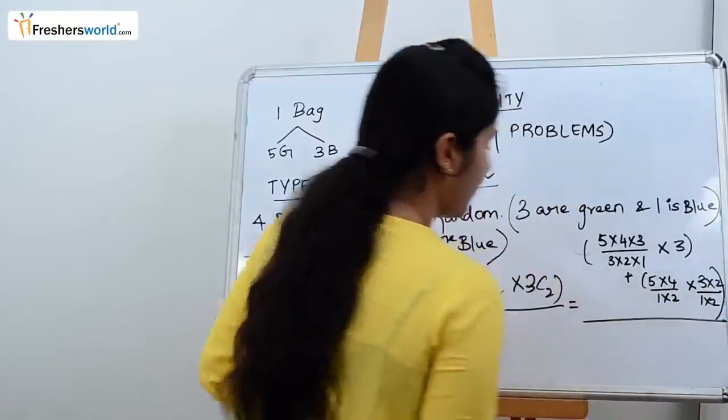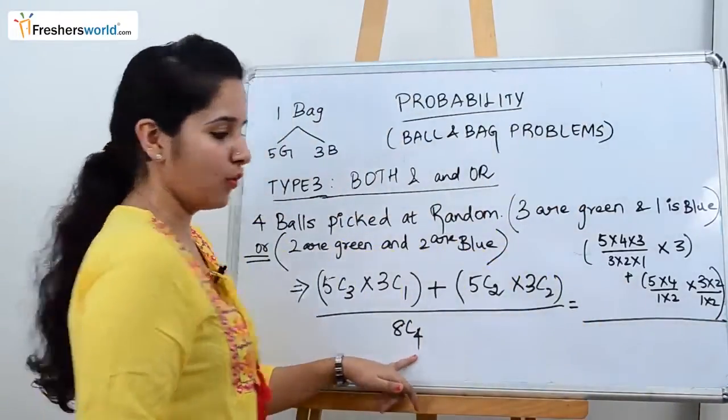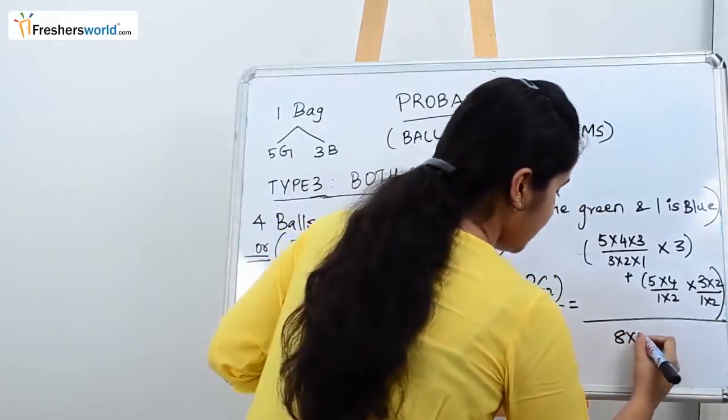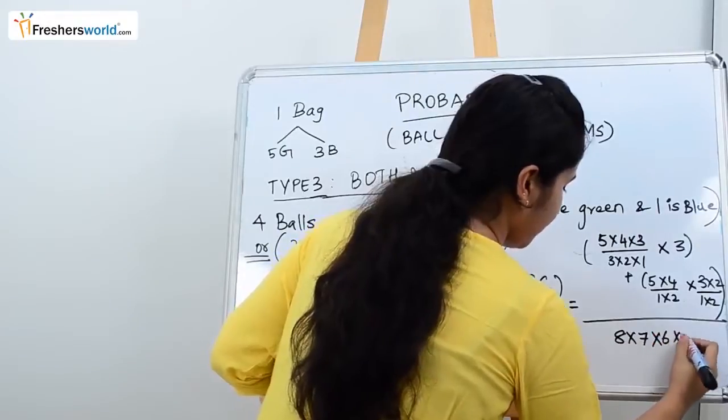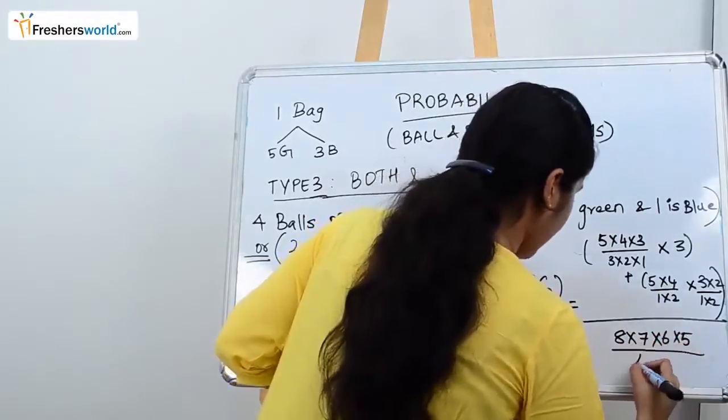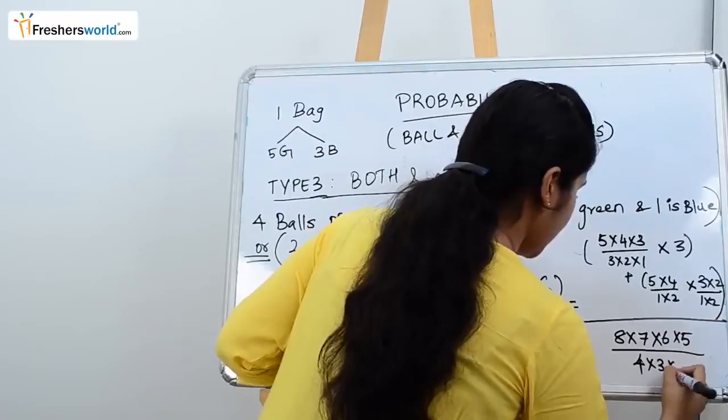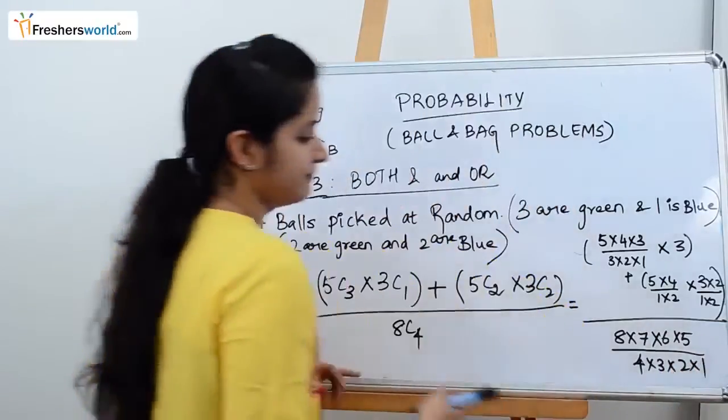The overall numerator divided by 8C4, which is 8 into 7 into 6 into 5 divided by 4 into 3 into 2 into 1.